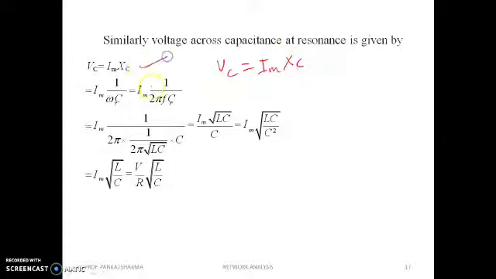The same has been written here. So write the value of XC, that is Im into 1 upon omega_r C, that is equal to Im into 1 upon 2 pi f_r C. So put the value of f_r here, that is Im into 1 upon 2 pi into f_r C.